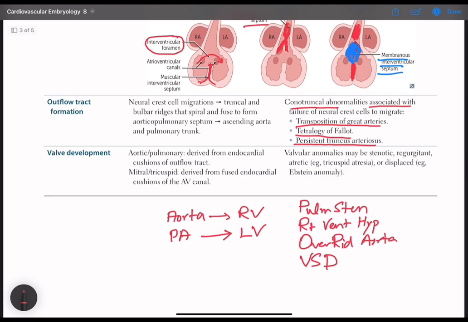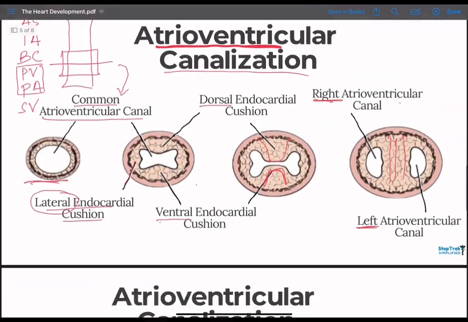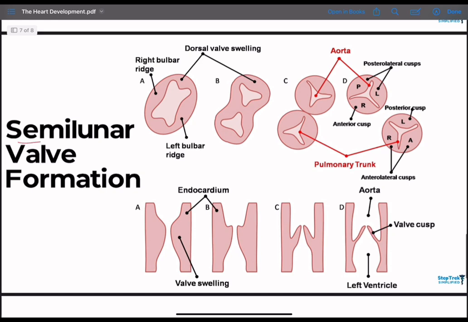Then at last we have valve development. Semilunar valve formation. Same as other structures, we have lateral endocardial cushions or ridges and ventral and dorsal ridges. They start to grow and eventually fuse with each other. But the uniqueness in semilunar valve formation is the formation of an indentation between these structures.